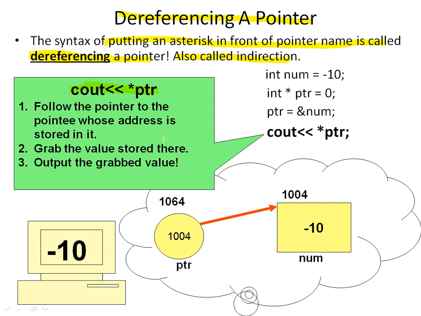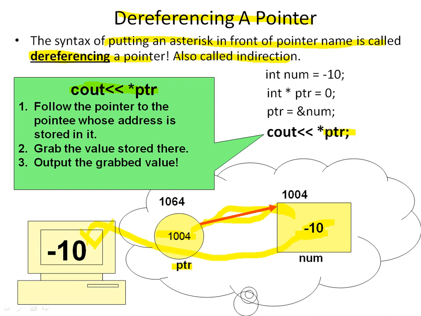It is telling the program to follow the pointer to the pointee whose address is stored here. So follow the pointer to 1004. Grab the value stored there, -10, and output the grabbed value to the console.